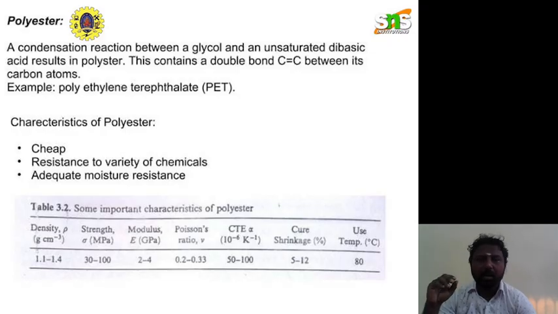For example, polyethylene terephthalate. It has some characteristics: it is very cheap, resistant to a variety of chemicals, and has adequate moisture resistance. Okay, these are the characteristics of polyester.